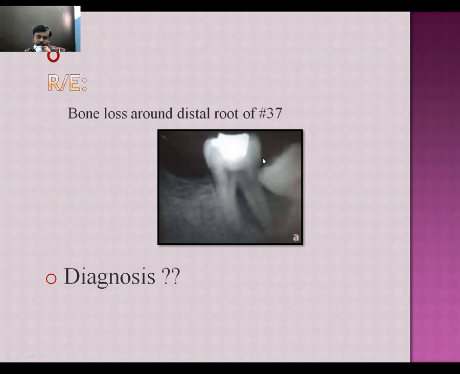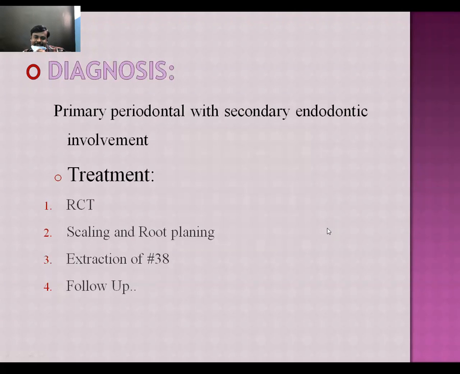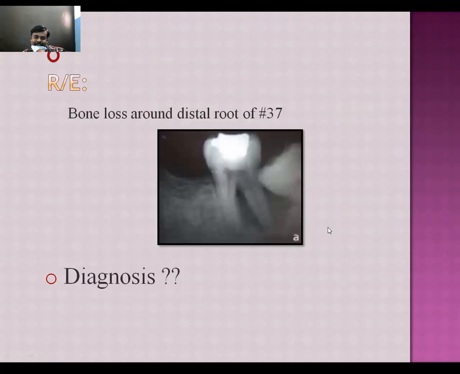Primary perio, primary endo, primary perio with secondary endo, primary endo with secondary perio, or a combined disease? Primary perio. And when you see periapical changes over there, this is a case of primary perio and secondary endo.